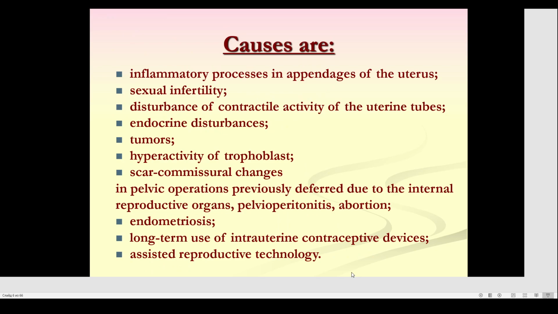Causes of ectopic pregnancy. Inflammatory process in appendages of the uterus when normal function is absent, or maybe obturation of the fallopian tubes. Sexual infantilism, when there is decreased level of sexual hormones and absent normal development of female genital organs.